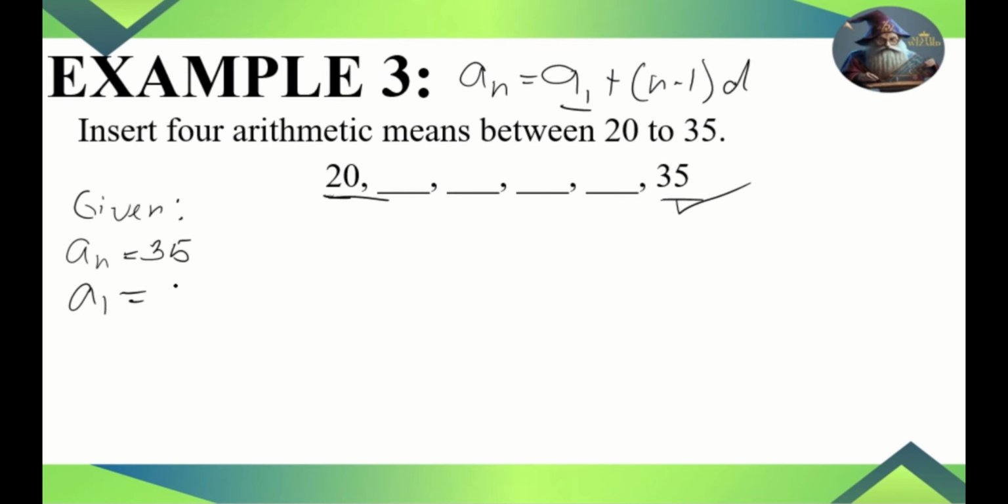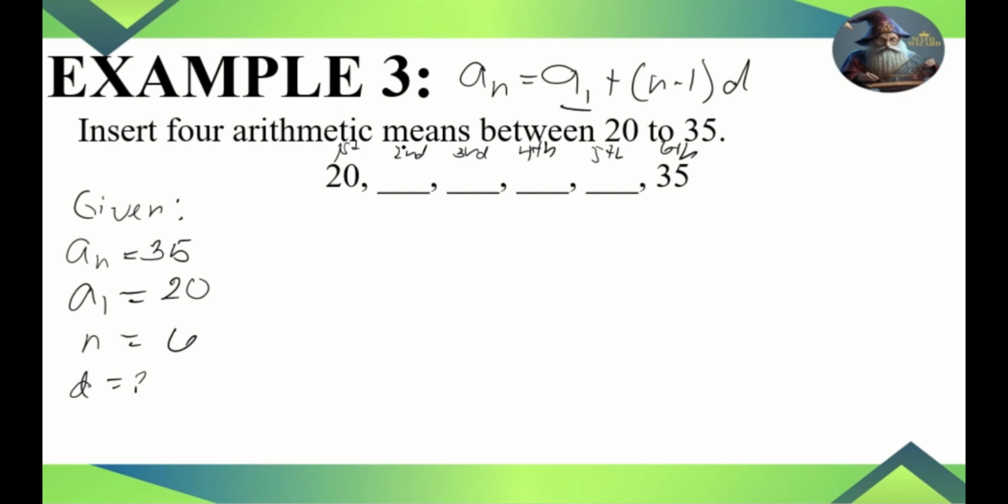Yun yung first term natin, which is 20. And then yung n natin, ilan ba lahat? Ito yung first term, second term, third term, fourth term, fifth term, sixth term. So ibig sabihin 6 ang n natin. And then d, yun yung hahanapin natin.